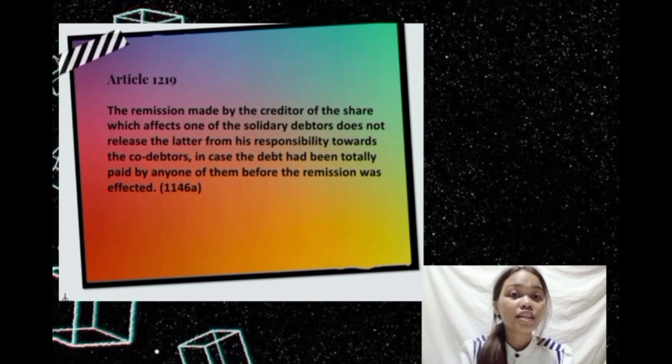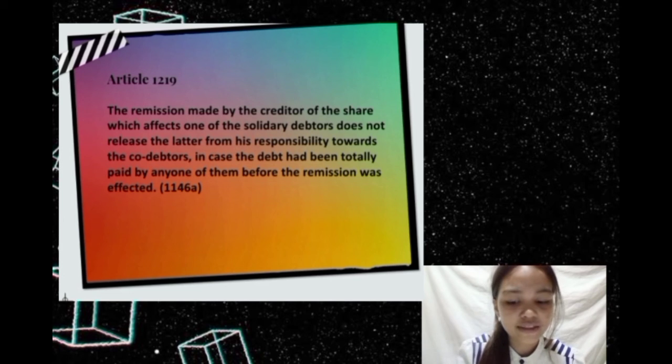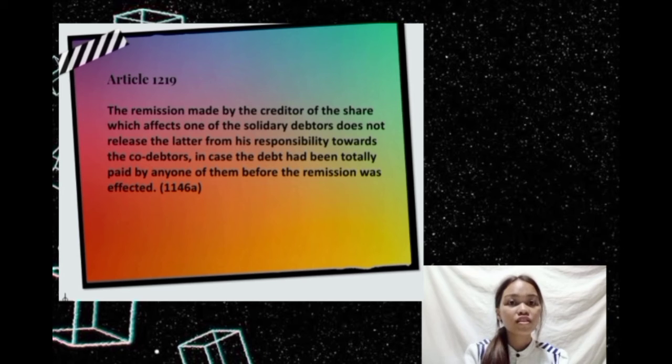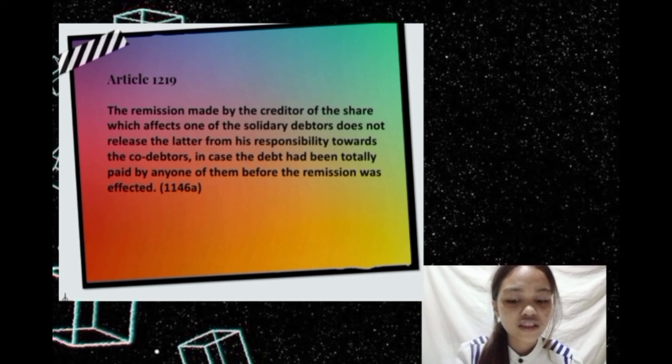But later, Kate, after the payment, waived the share of Princess. Since in this example the payment came first, and the waiver after, Jad can still recover reimbursement from Princess because it was already paid.